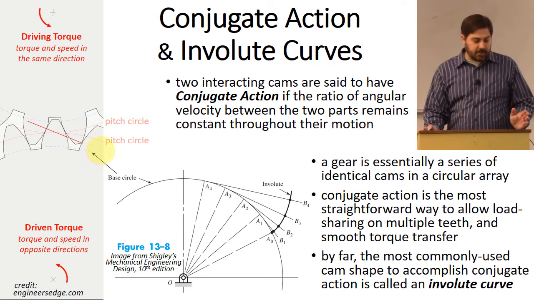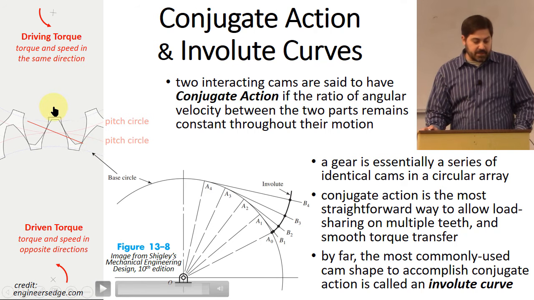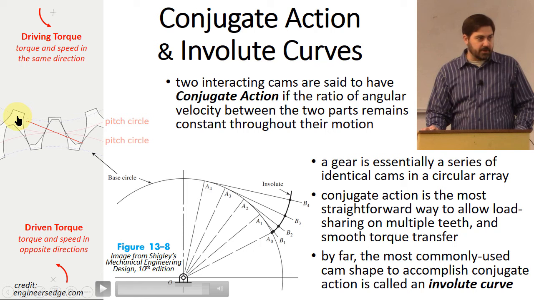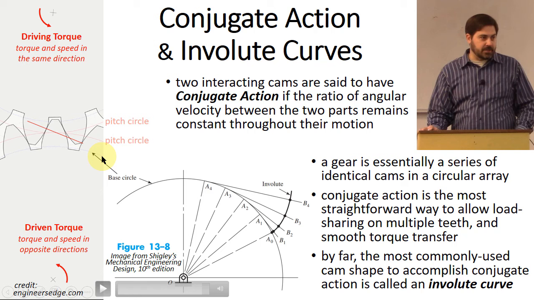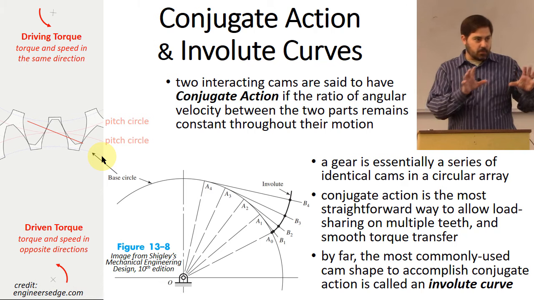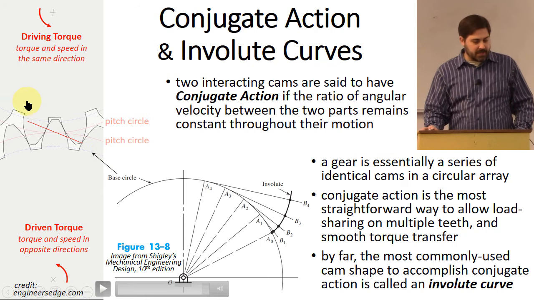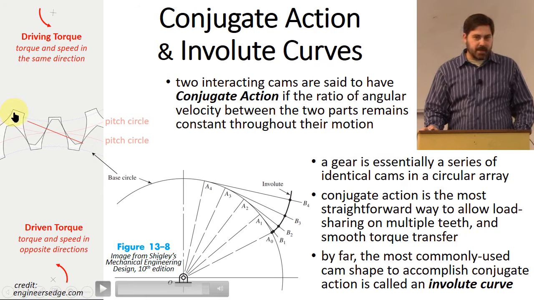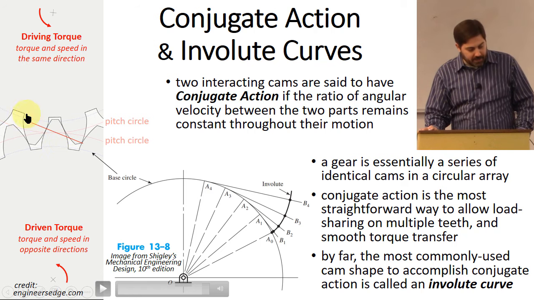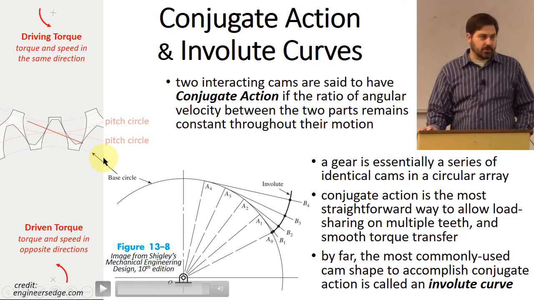This is kind of interesting, but basically the action of these gears acts as though there is a string wound up on the base circle of one of these gears over here and is unwinding and being wound up onto the gear that's on the other side. All of the action of the gears is consistent with that, as though we could take a string and wind it up around one of these base circles, and then we're winding it from that one onto the other base circle.